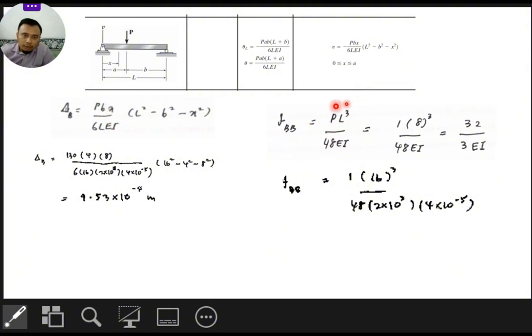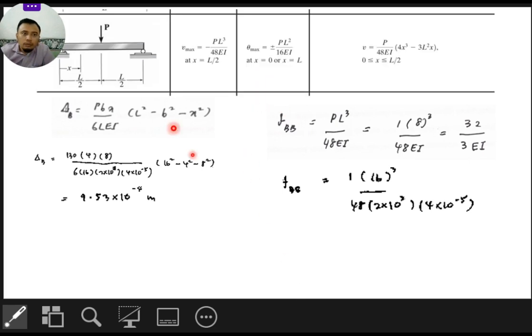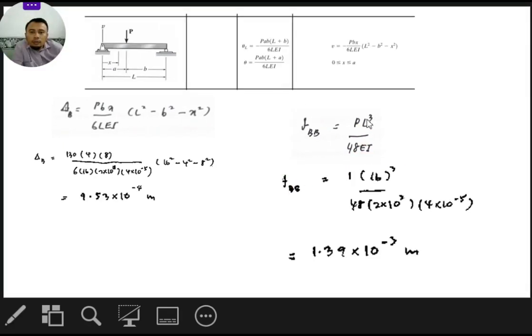And then you calculate the FBB, using the equation here, PL to the power of 3 over 48 times EI. So key in your L, and P is equal to 1, because we want to know the magnitude, the coefficient. The P should actually be By, but for FBB it is like the coefficient, a multiplier.